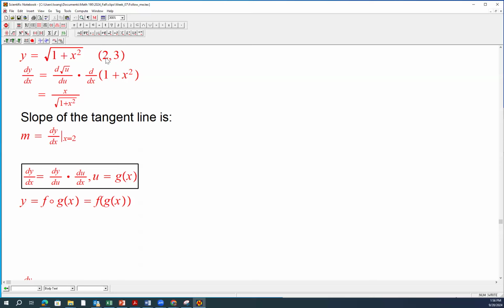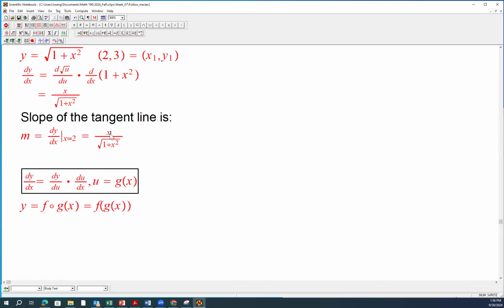You can imagine this is x sub 1, y sub 1. We're going to use that for the point slope formula. So we just directly substitute 2 into the formula we got.